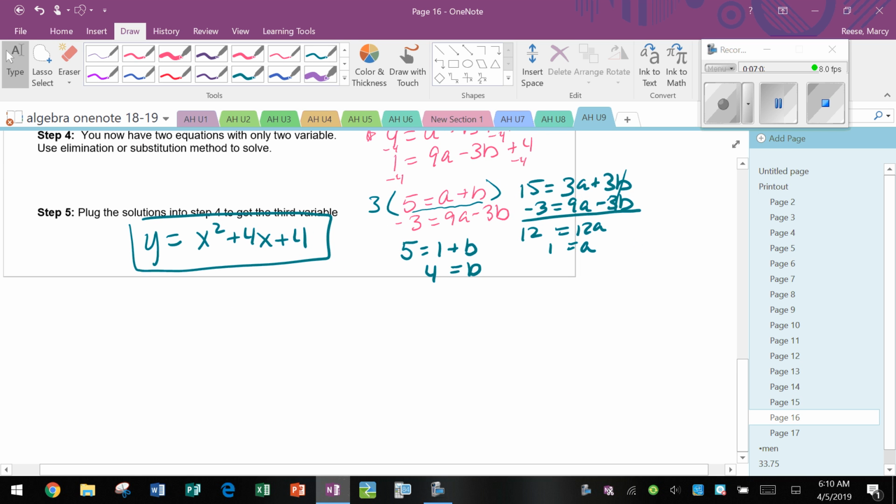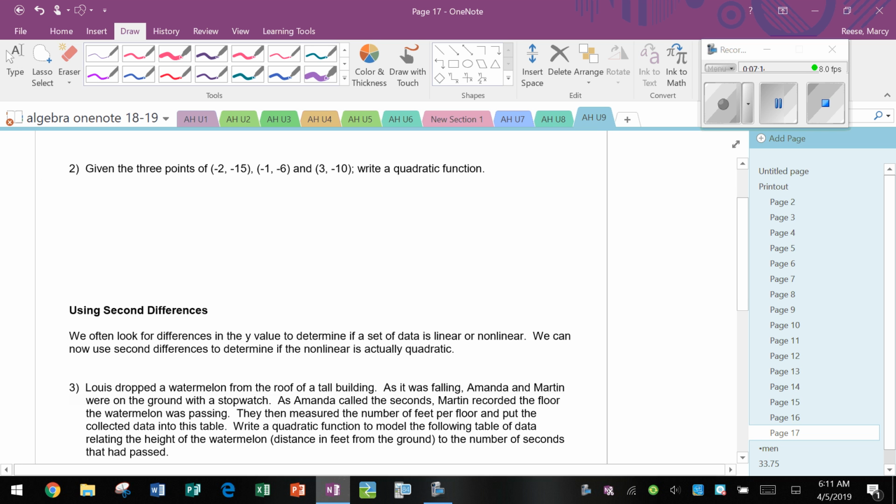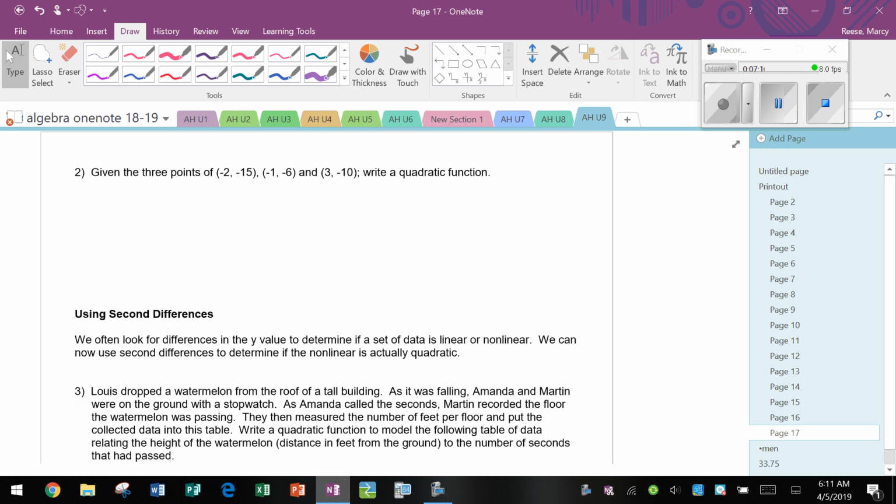Pretty cool, huh? Okay. So if I was there right now, you would stop on page 2 and you would practice that. So I expect to see that on Monday. I will tell you what the answers are so you can check it.